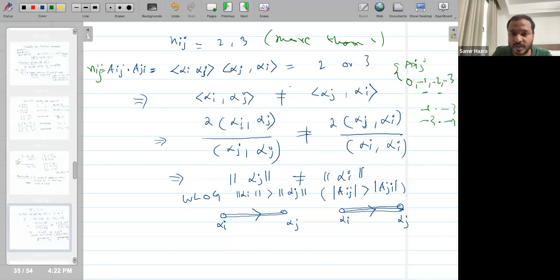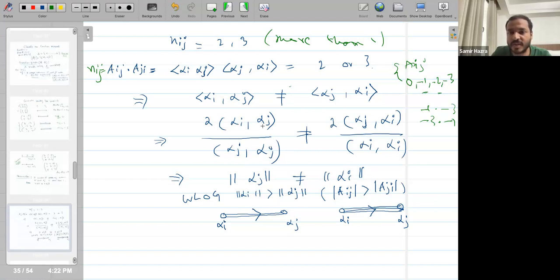This implies that the norm of alpha j is not equal to the norm of alpha i. Why? Because (alpha i, alpha j) and (alpha j, alpha i) are the same numbers, since this bilinear form on the Euclidean space is symmetric. So without loss of generality, we can take the norm of alpha i to be bigger than the norm of alpha j.